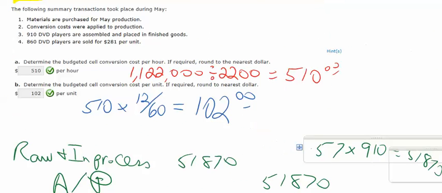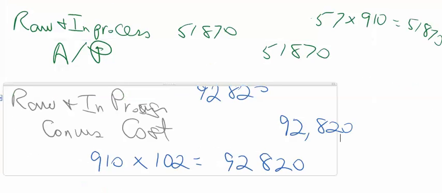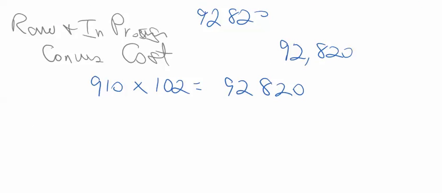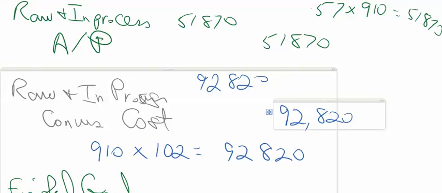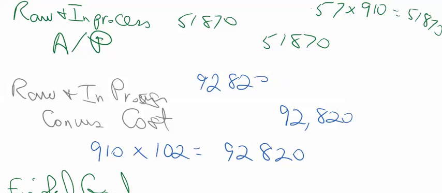The third journal entry, 910 players are assembled and placed into finished goods. So finished goods is going to be debited. My raw and in process will be credited. And I'm going to be taking the materials and the conversion costs and transferring all those to finished goods.